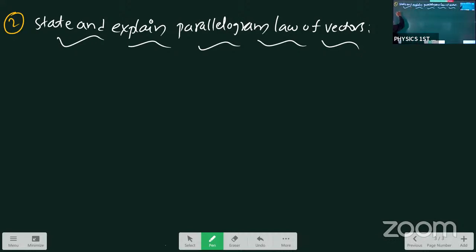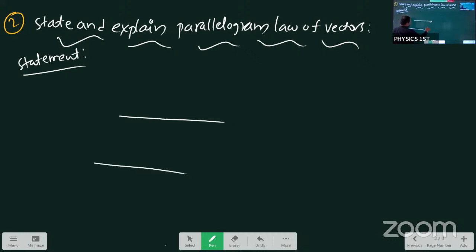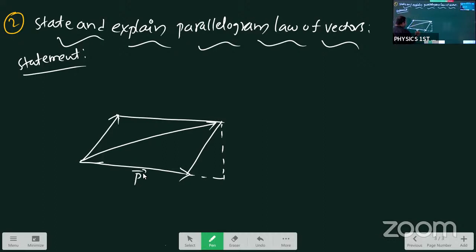First, the statement. This is the parallelogram. P and the opposite side P, Q and the opposite side Q. Full angle theta, half angle alpha.